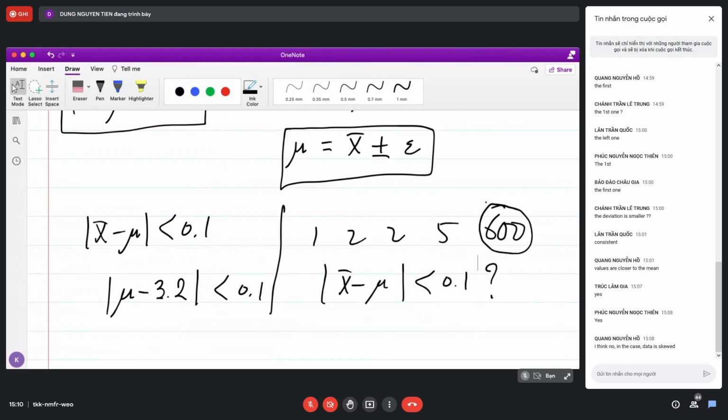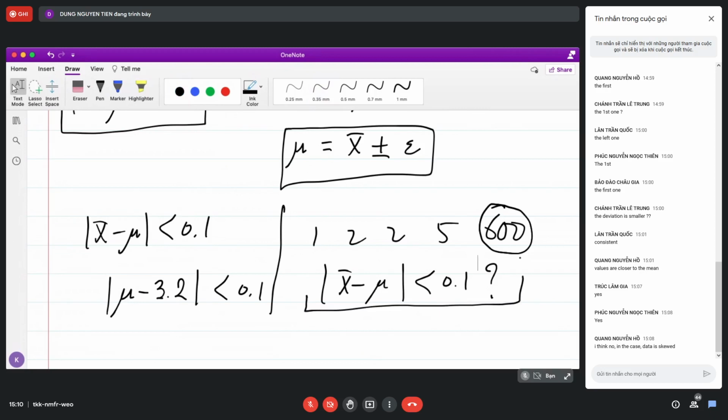The probability that this case occurs is extremely small, but it may occur. Therefore, we cannot conclude that this is always true.